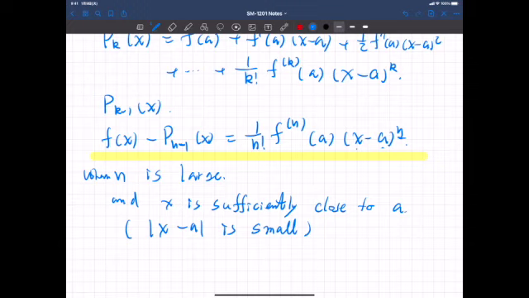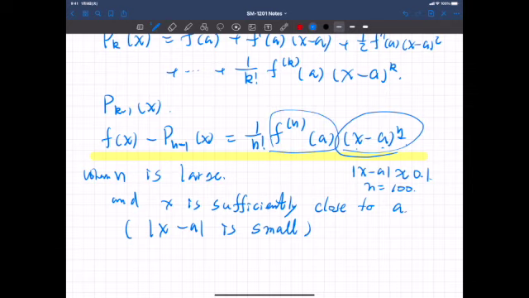So that's very small. For example, if x minus a is something like 0.1, and n is like 100, then this value is very small, whatever this value is, as long as it is finite. We're assuming this function f of x is at least of class C^n, so that means the nth derivative is still finite.